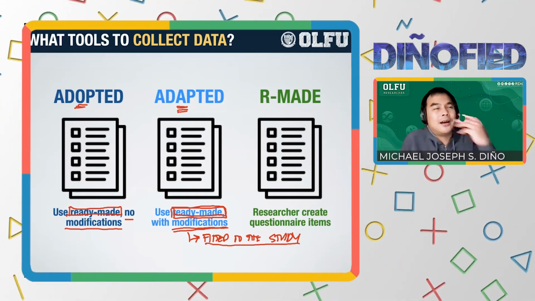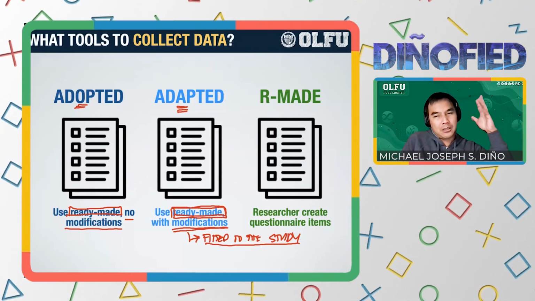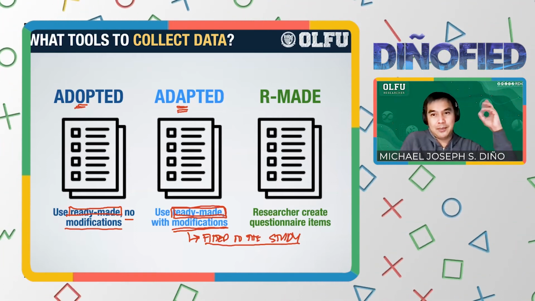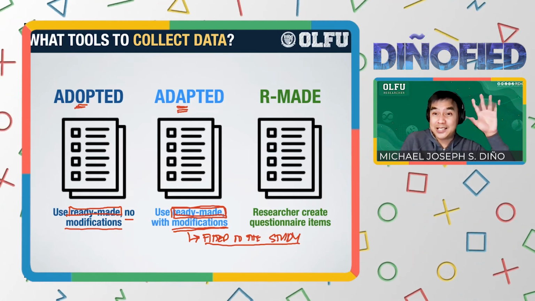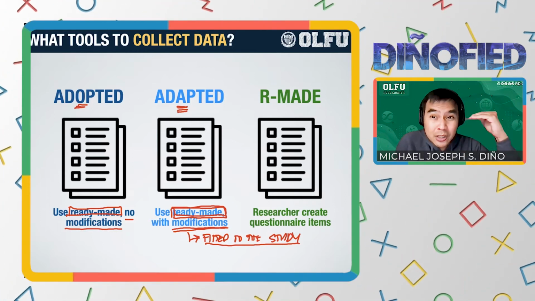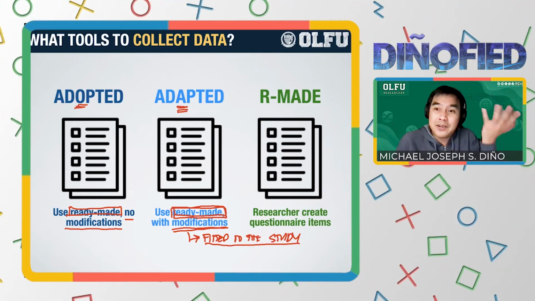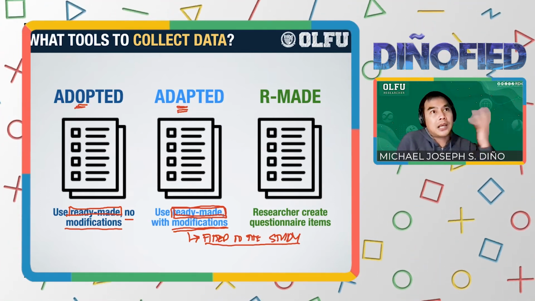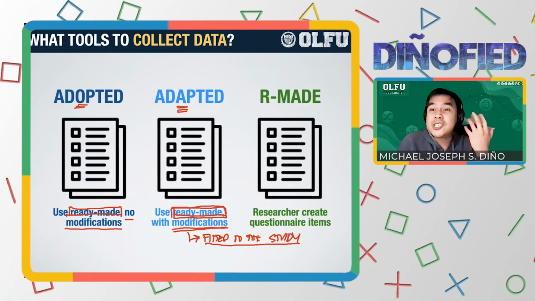This is also applicable, for example, when you are adopting a questionnaire that comes from other countries. For example, in Canada, of course, the practice is not the same as in the Philippines. There may be terminologies that are not applicable in the Philippines because they have different types of nursing practice. For example, in Canada, they have what they call a DNP and a nursing assistant.